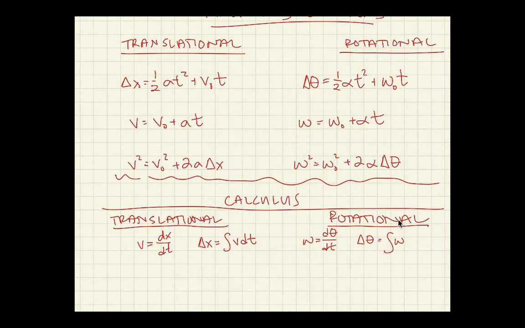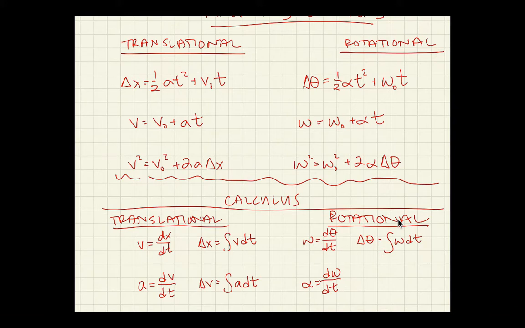and delta theta equals the integral of omega dt, right? Same relationships hold true. We have acceleration was the derivative of velocity with respect to time, and change in velocity was the integral of acceleration times dt. Rotationally, again, hold true. So alpha, the rotational acceleration, is the rate of change of the rotational velocity with respect to time.